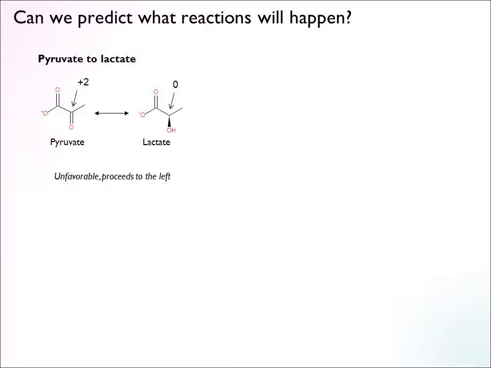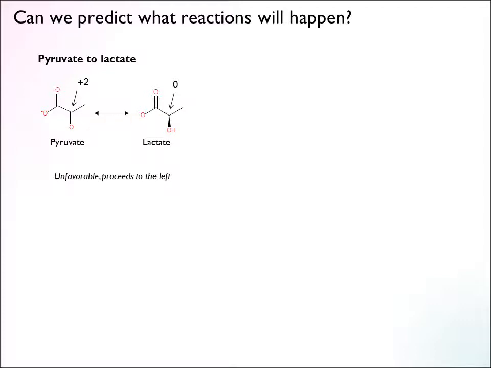So as we said, carbons like to get oxidized. They like to donate their electrons to hydrogen or nitrogen. And therefore, this reaction you would predict to go in this direction towards the left. It is unfavorable in the direction left to right, as written here.